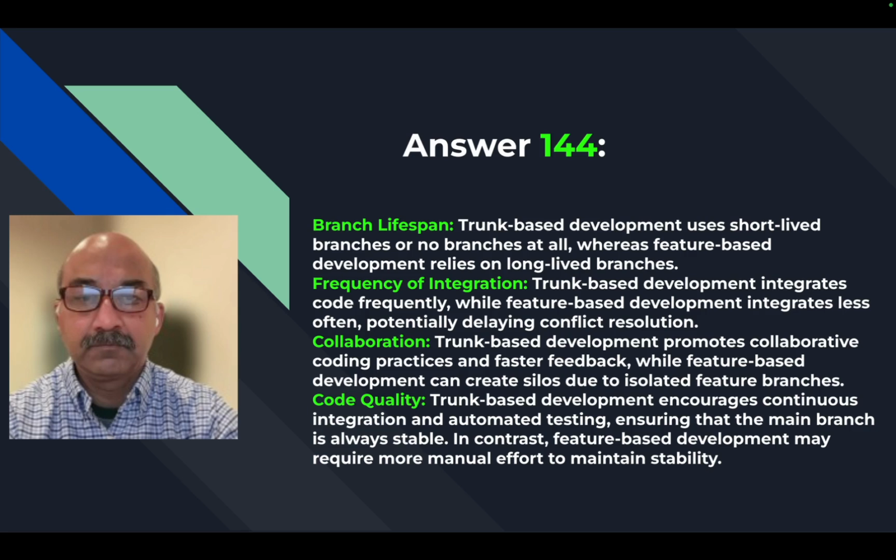Code quality: in trunk-based development, quality is ensured pretty regularly because you're constantly merging. So if something is breaking, you would know, and it's easy to spot because it's a small change. In feature-based development, it may take a lot longer to make sure that the code you're merging with master doesn't conflict with something else and is good quality.